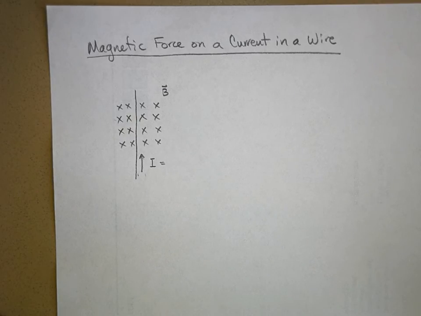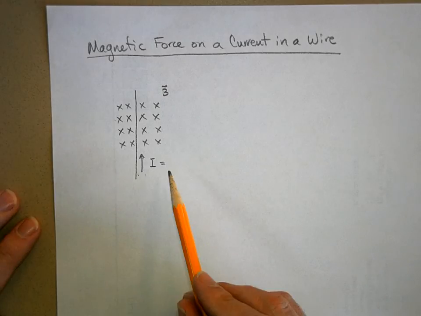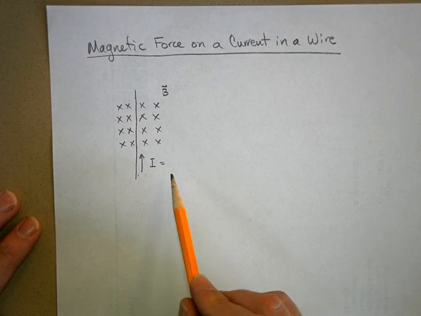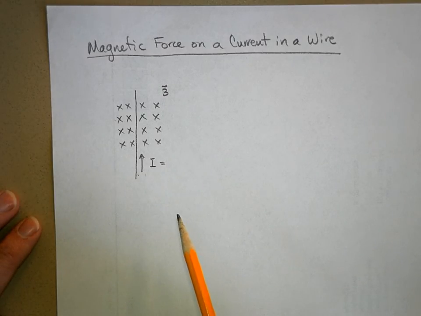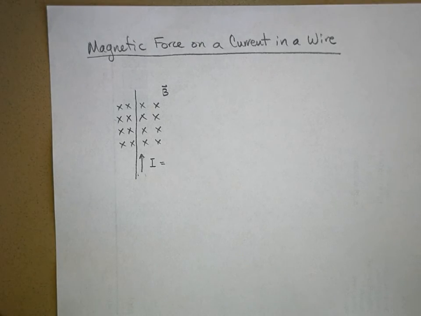But remember, we had an equation for the current in terms of the drift velocity, right? The charge on each charge carrier, the number of charge carriers per unit volume, the drift velocity, and, what was it, I forget now, the area or something. We can do that in terms of each charge carrier.